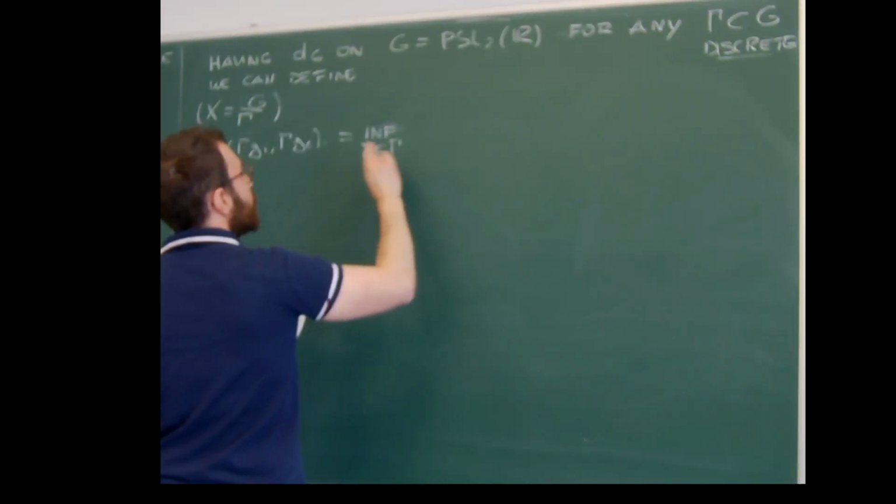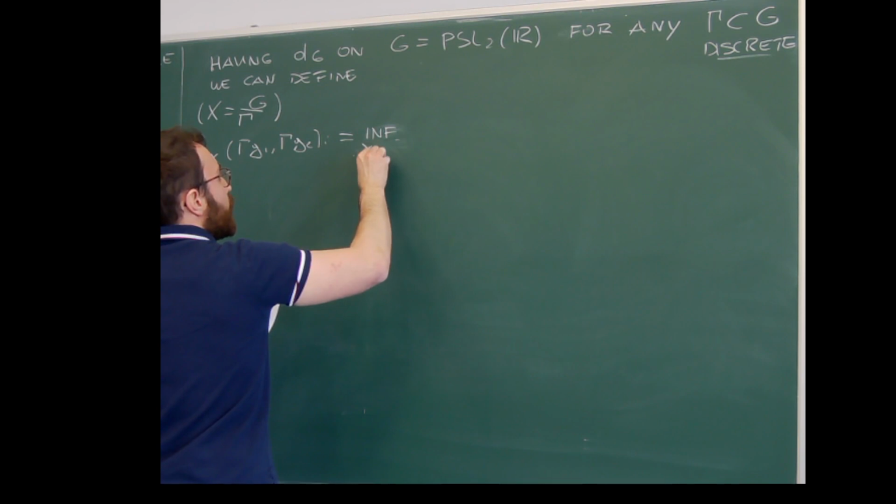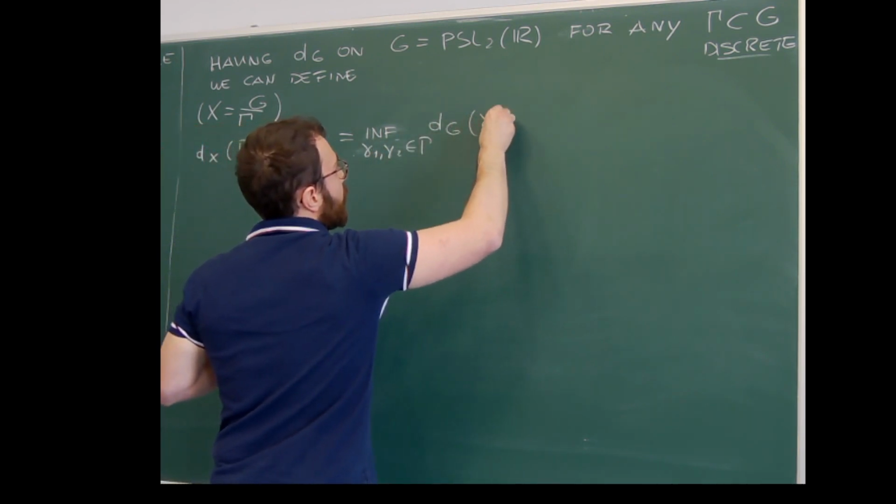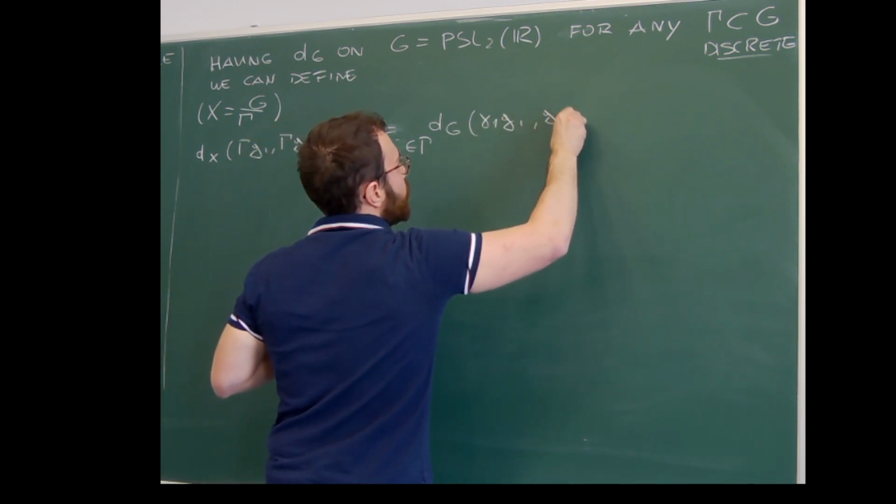So, the inf over gamma 1, gamma 2 in gamma of dg(gamma 1 G1, gamma 2 G2).